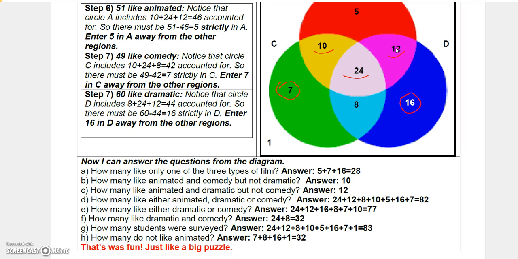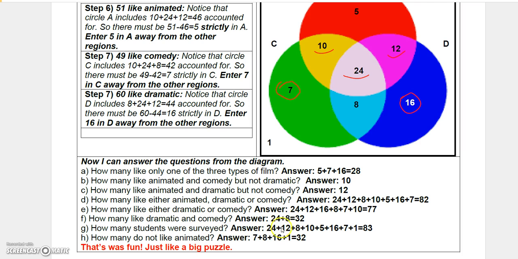And then also we have to add the 10 and the 7 to get the comedy that hadn't been accounted for, so that's 77. And then how many like drama and comedy? That would be those that are in the intersection of drama and comedy. So that would be the 24 plus the 8 here, which is 32.